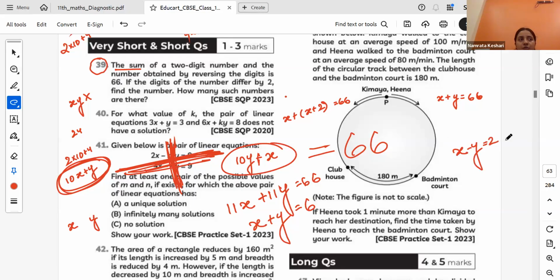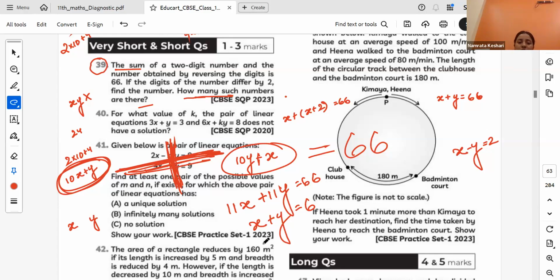Actually it is x minus y or y minus x, we don't know. And the question also says how many such numbers are there. So 2 or 3 answers we will be getting due to this possibility. Actually the 10's place digit is bigger or the 1's place digit is bigger, we don't know. So randomly we are taking x minus y is 2.